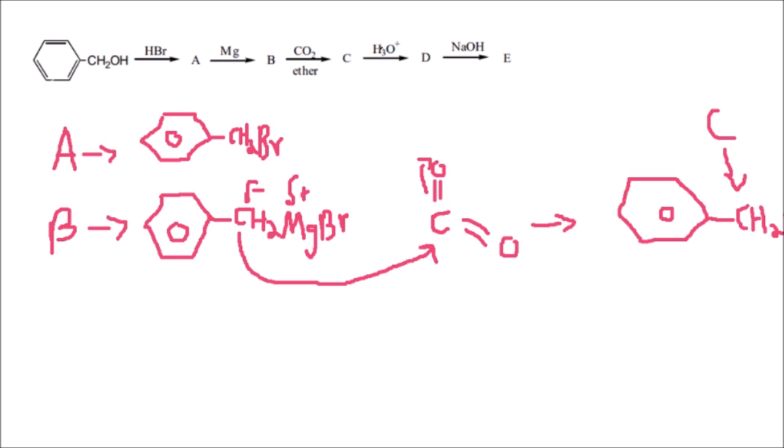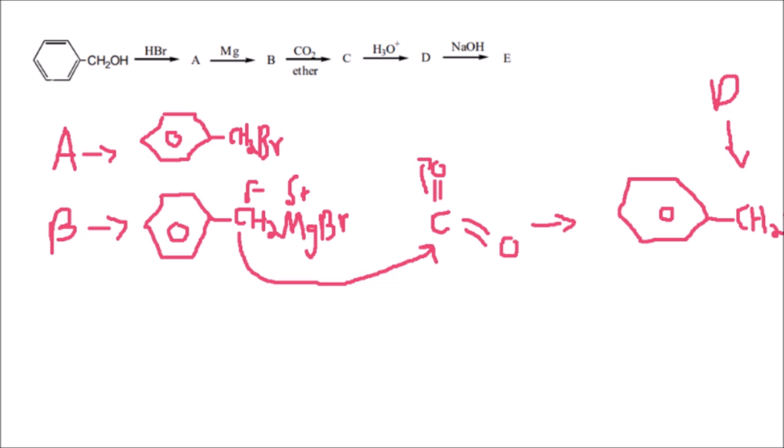And if you add an acid, like H3O plus, obviously it's gonna protonate the O minus. So we're gonna get a carboxylic acid like this. And this is D, okay?